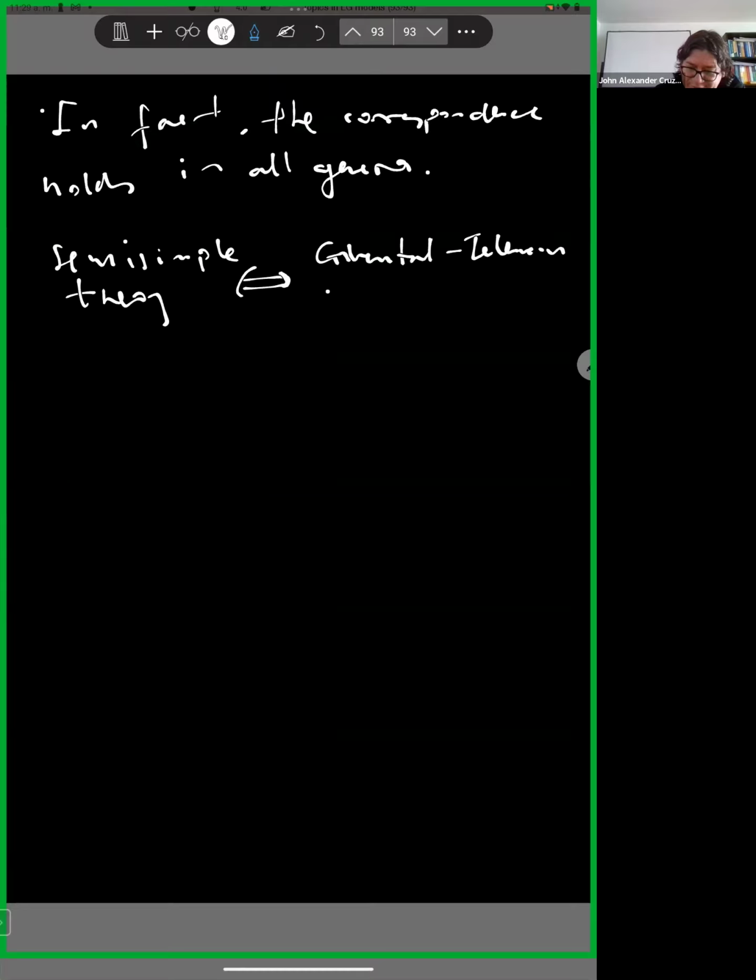The reason is that we have a semi-simple theory, so we can apply the Givental-Teleman reconstruction.